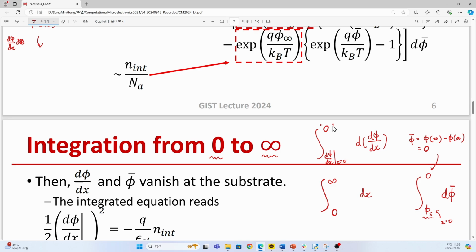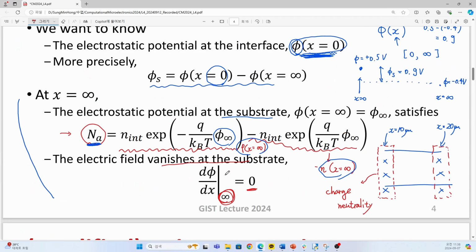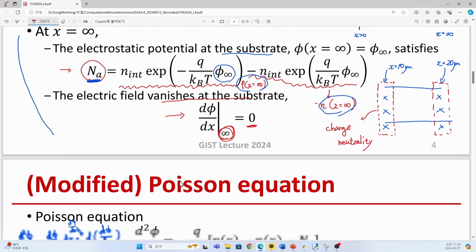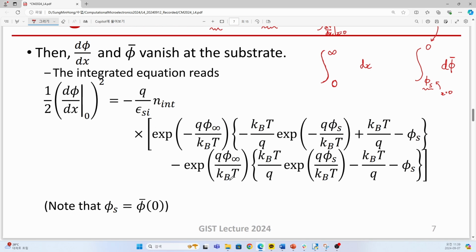Why do we have 0 here? It is only due to the boundary condition we have considered at this point. At the deep substrate, we have a vanishing potential gradient.